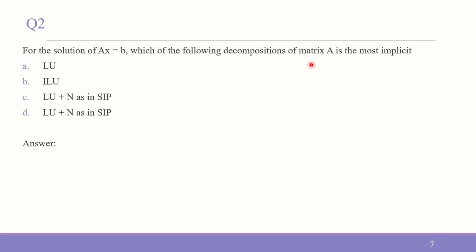So the answer is option A, because LU, being the direct method, is the most implicit. So the answer is option A, that is LU.